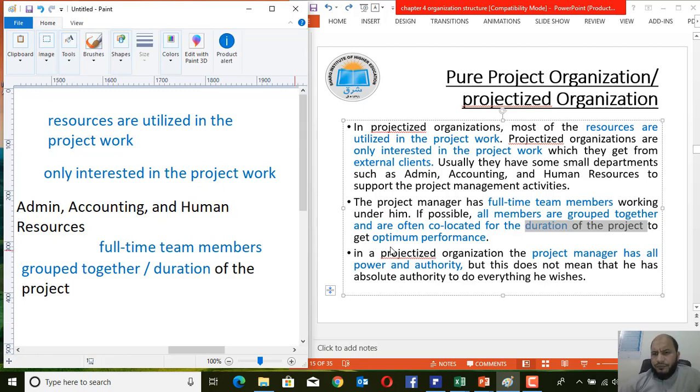These people will work to give optimum performance, and the project manager will get optimum performance from them.